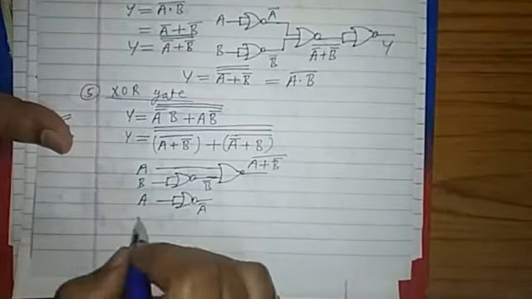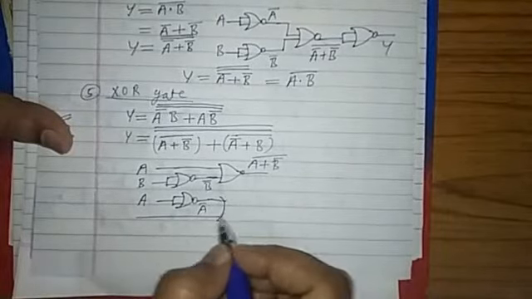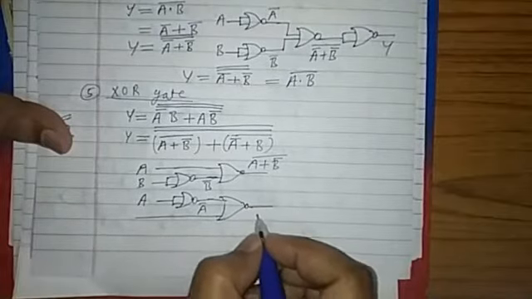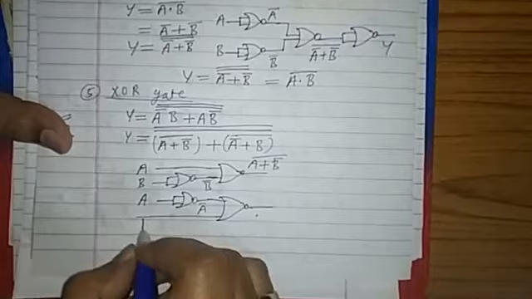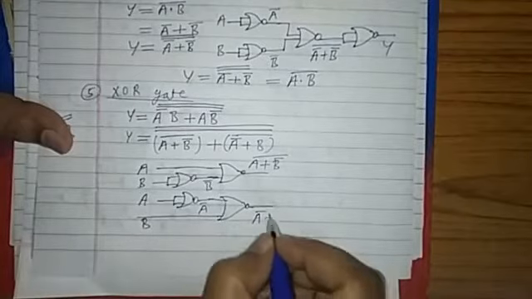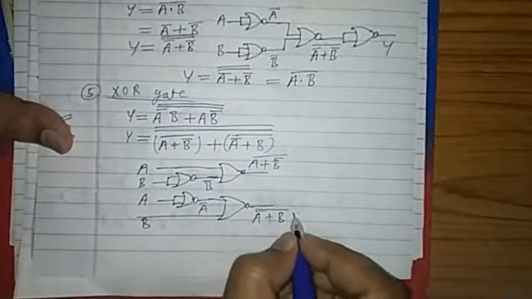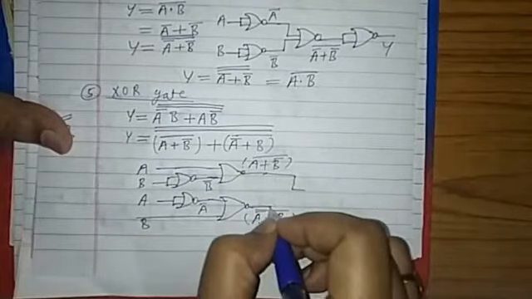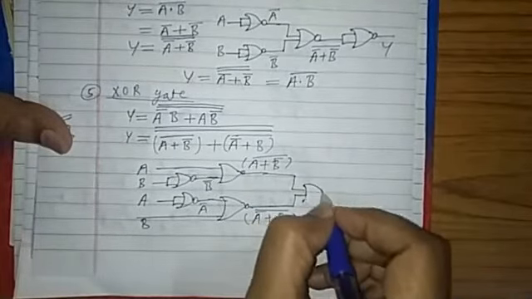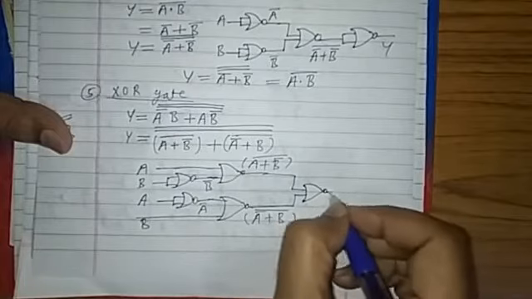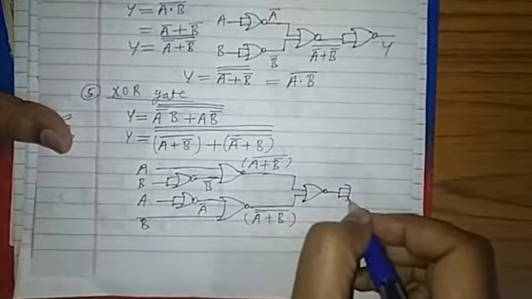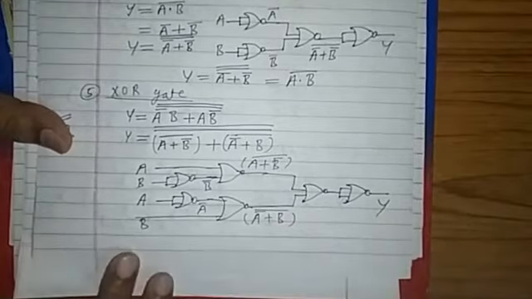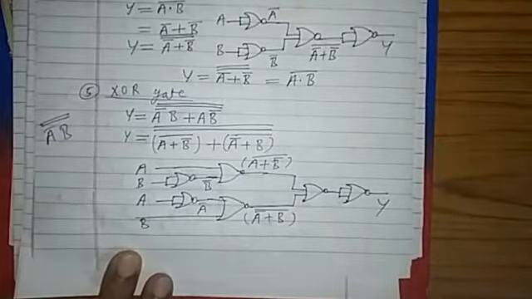This is A bar and then B. Therefore A bar plus B whole bar. Then these two are connected to one NOR gate, and in front of this, one more complement. This is Y. This is how XOR gate is implemented with the NOR gates.